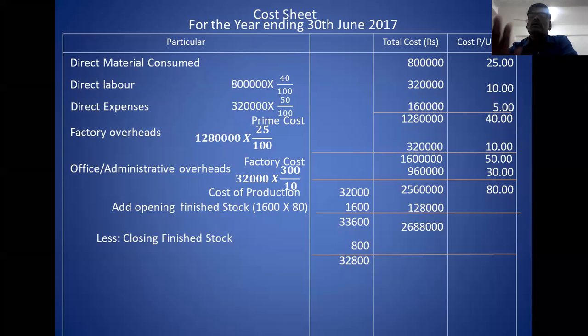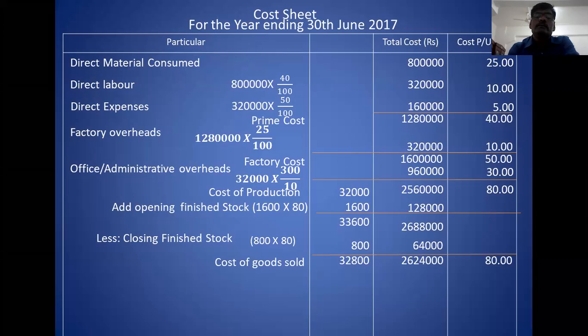Like this, you go in reverse order, you will get the cost per unit. Now the cost per unit is 80 rupees. Then you take that 80 to calculate value of closing stock. Value of closing stock is 800 into 80, that is 64,000. You deduct that, 26,24,000 is the cost of goods sold and 80 rupees per unit.